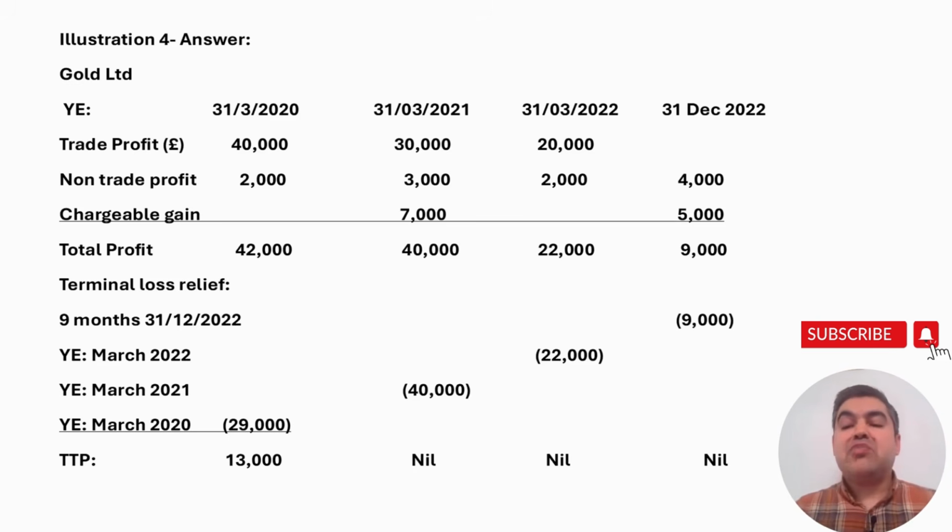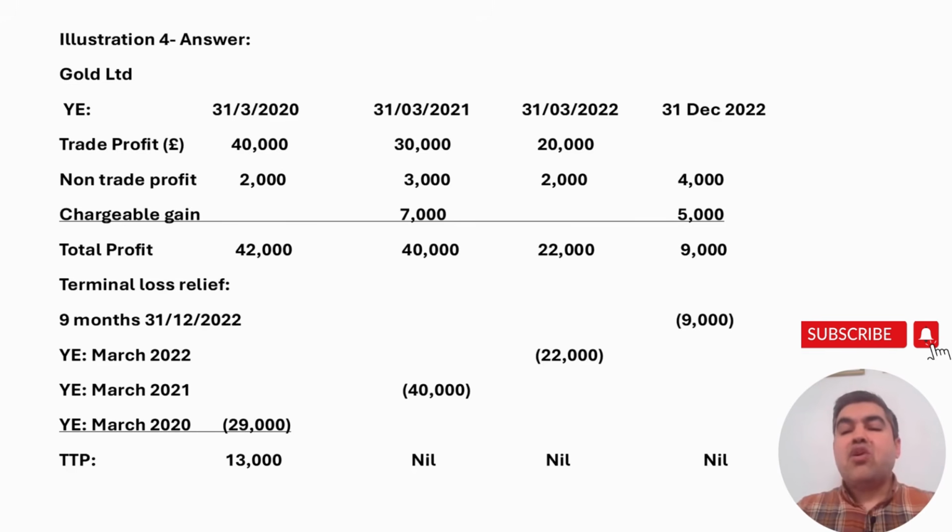In the current accounting period, we had other income of 9,000, so use 9,000 worth of trading loss in priority against the current accounting period. That is the rule. Then any losses left, take back to 31st March 2022, where we have a trading profit of 20,000 and non-trading profit of 2,000. So the total is 22,000.